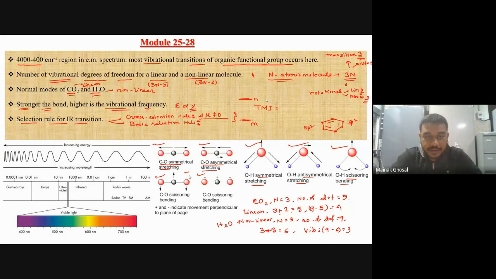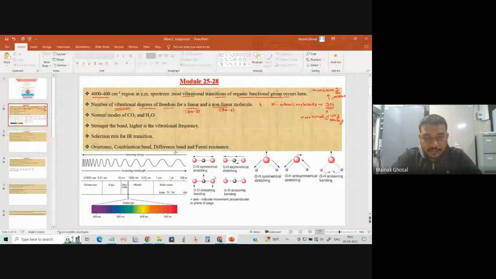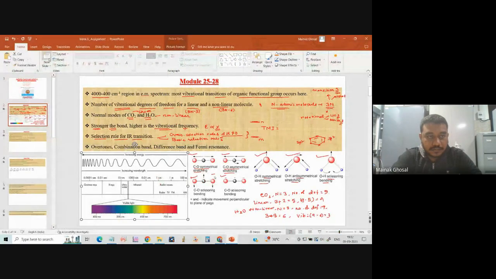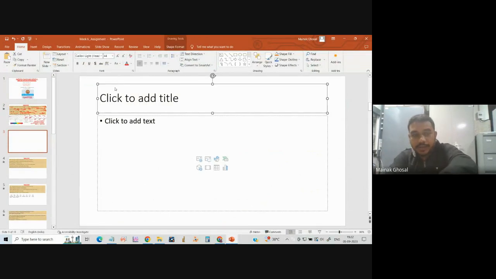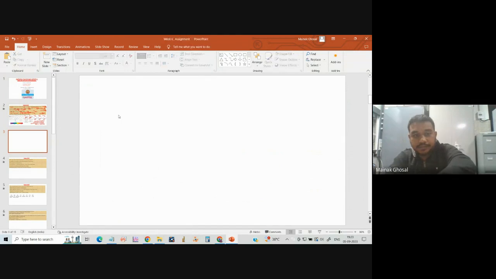Okay, I will take another page. Nobody? Suppose you are going to attend questions that people ask you: what is the selection rule for any spectroscopic transition?